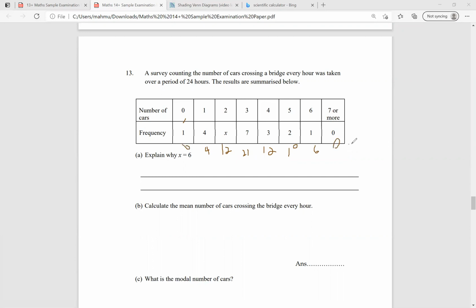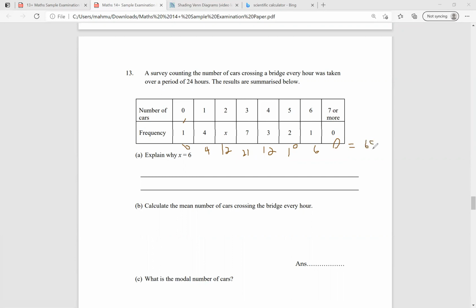So add up all of them. I'm doing my calculator quickly. So I got 4 plus 12 plus 21 plus 12 plus 10 plus 6. That gives me 65.